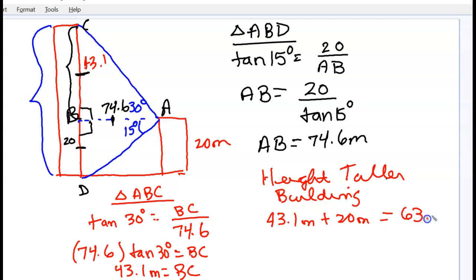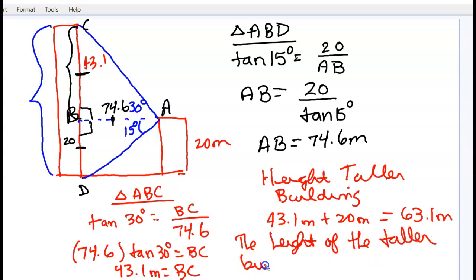So that equals 63.1 meters. So we would just write our statement saying the height of the taller building is approximately 63.1 meters.